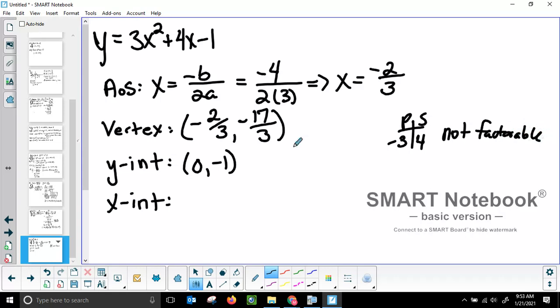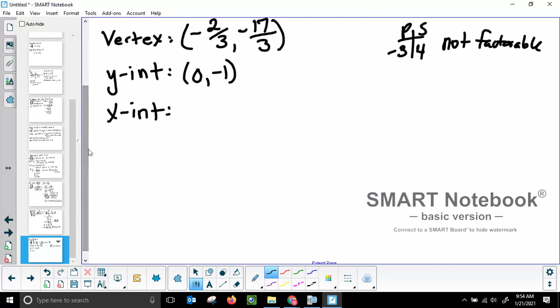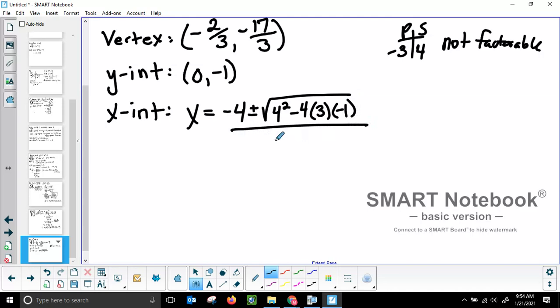which means we're going to have to use the quadratic formula. All right, so x is equal to negative b plus or minus the square root of b squared minus 4ac, all divided by 2a.